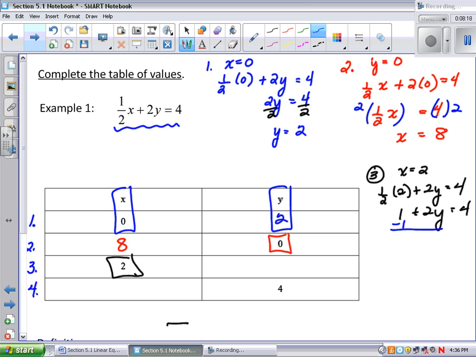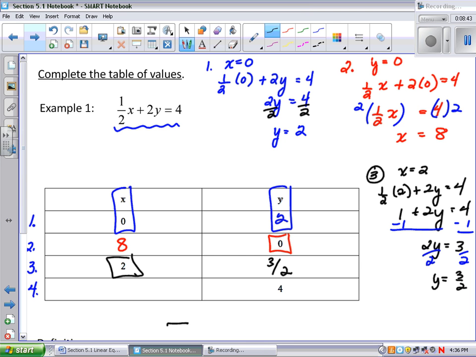Subtract 1 from both sides, and we get 2y equals 3. To get y by itself, we divide by 2, and we get y equals 3/2. Notice, not all of our values are going to be nice, neat integer values. Sometimes we will have fractions as our answers.